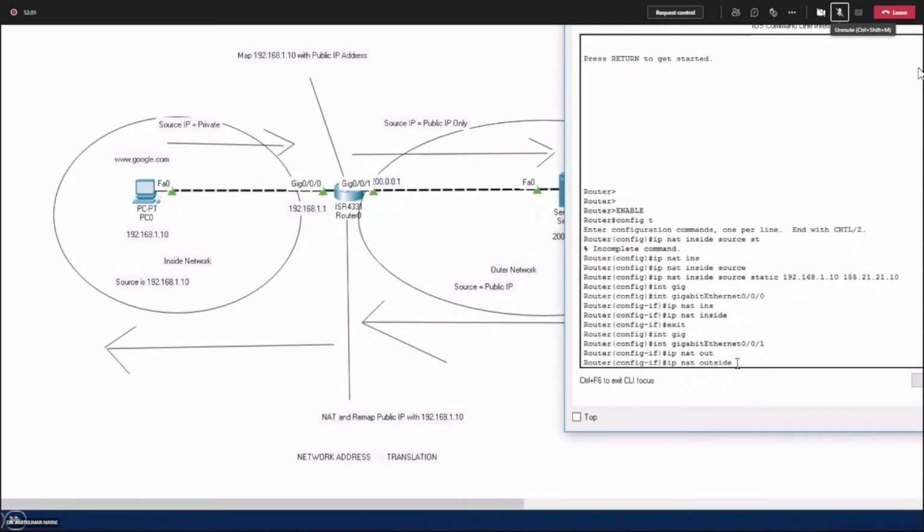Yes, sir. So now the important commands are ip nat inside source static.